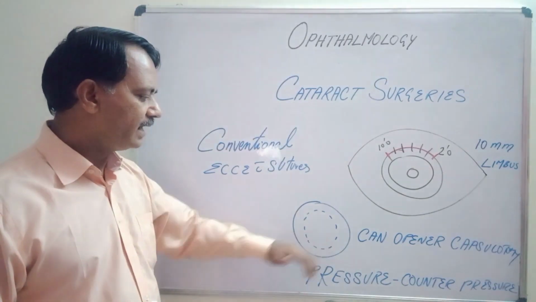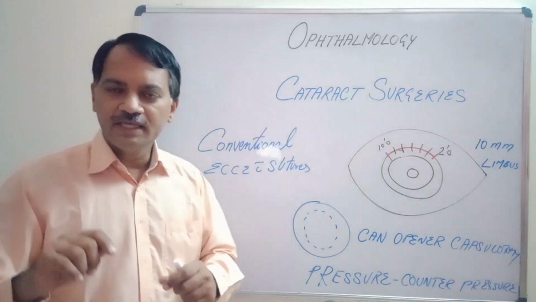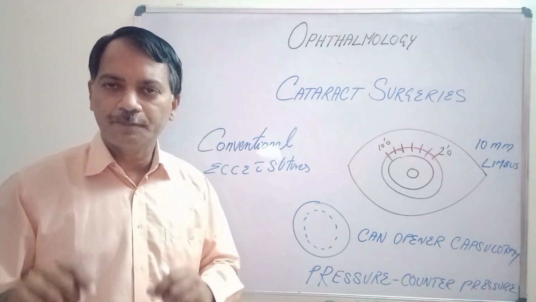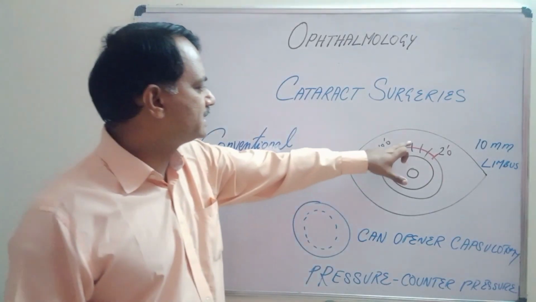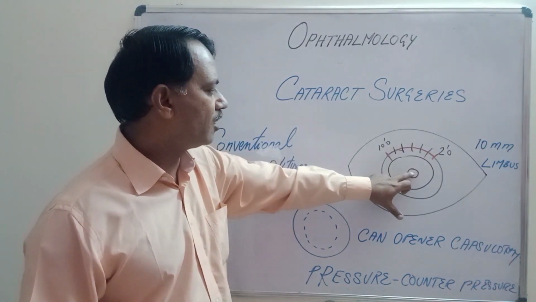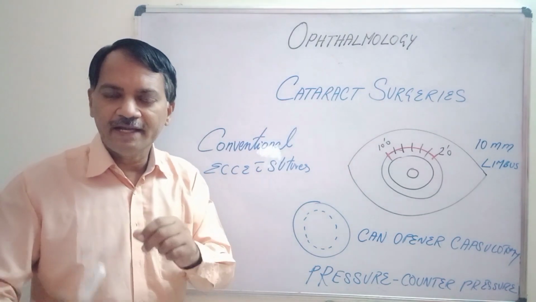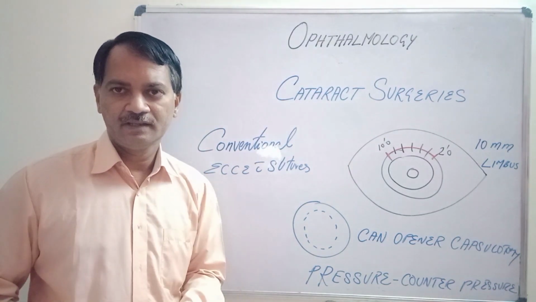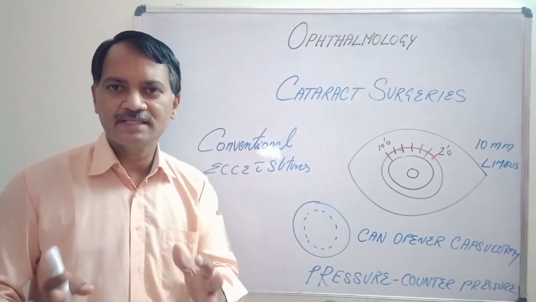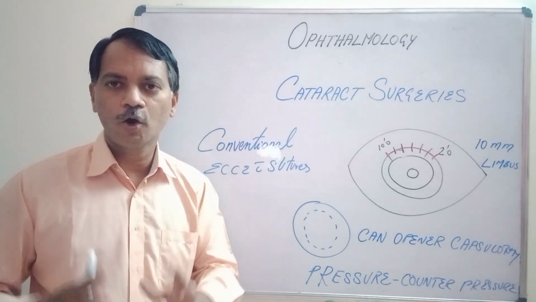Once you remove that, what we do is we give pressure and counter pressure technique. We give pressure here over the cornea, we give counter pressure in the sclera, and we try to deliver the cataractous cortex and nucleus as a whole.